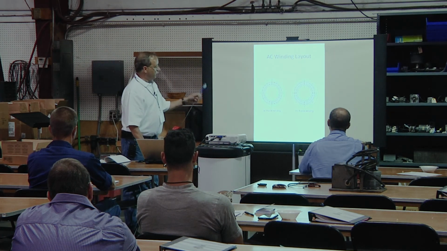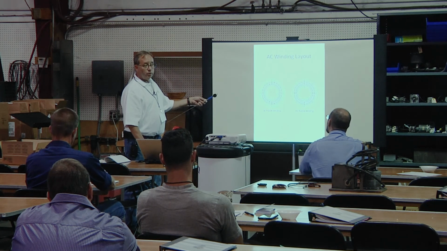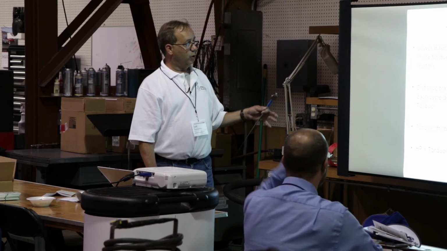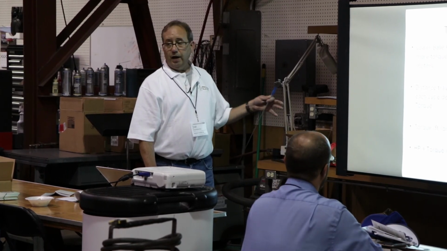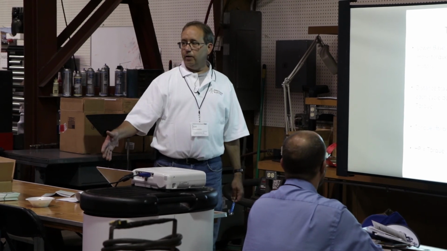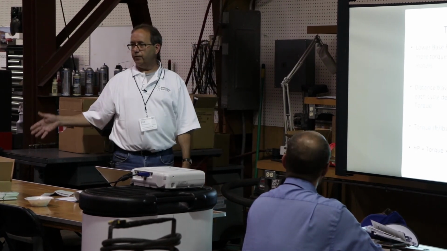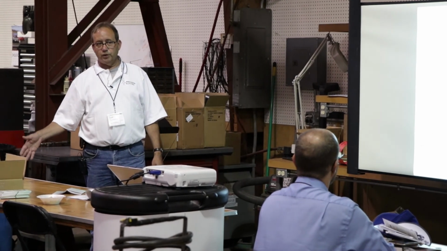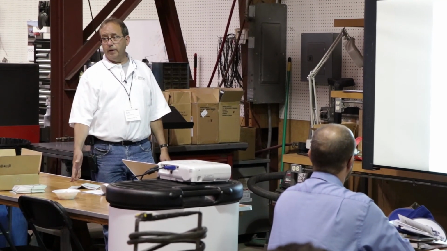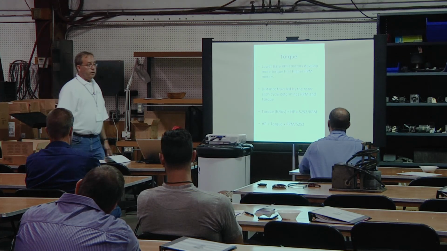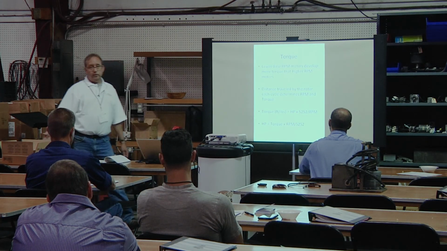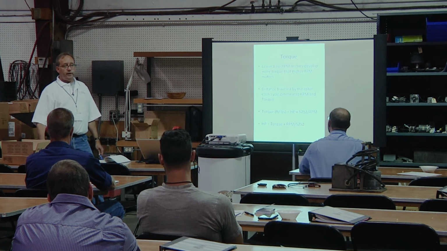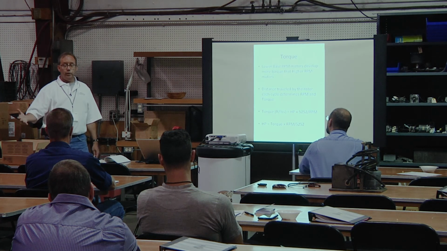etc. Now what that does is, by adding poles, you add torque capability. So a lower base speed motor will have more torque than a higher one. So a 5 horse at 1800 RPM will not make the same amount of torque as a 5 horse at 1200. A 5 horse at 1200 will make 33% more torque than a 5 horse at 1800. If you want to replace a 5 horse at 1800 and you want to go to a 1200 RPM motor, you're going to have to go 33% higher in horsepower to do that.